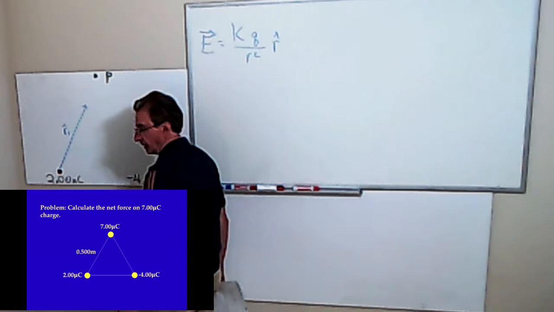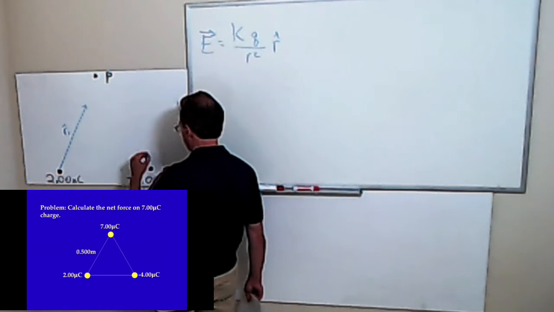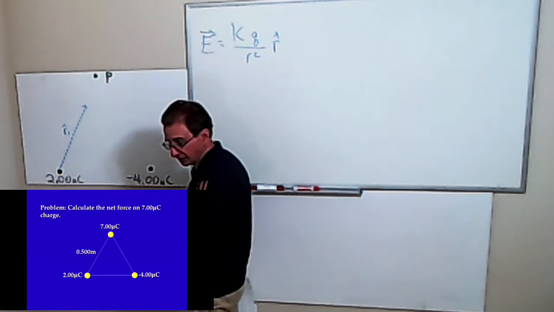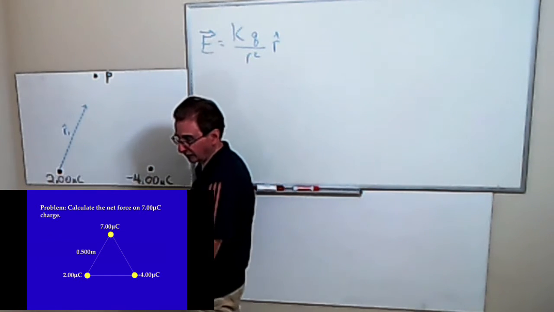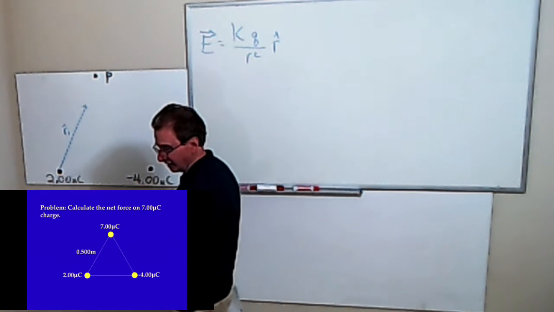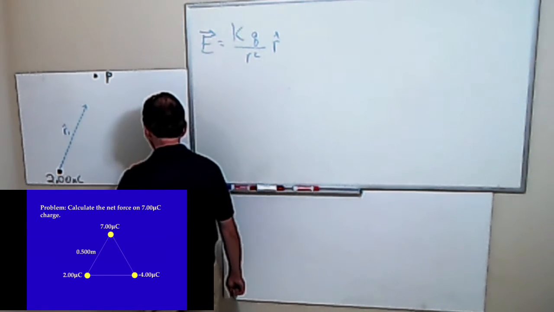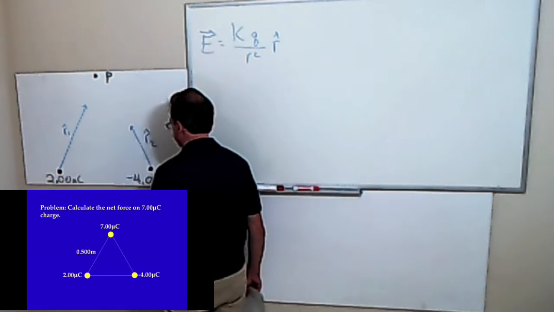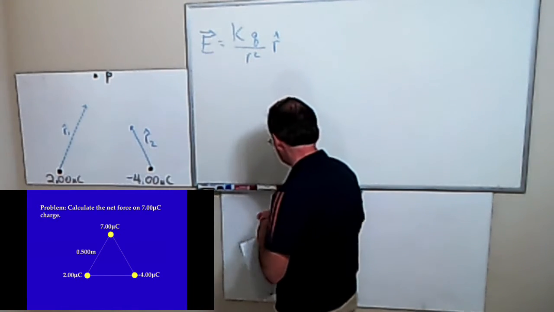I'll call it R1 hat. And this one also goes from the source to the point. This vector does not indicate the direction of the electric field. All it does is indicate the direction of the unit vector r hat. That's it. There's R2 hat, and these are unit vectors.